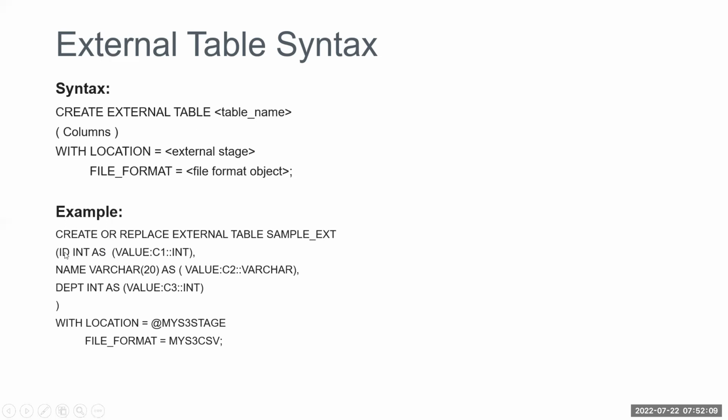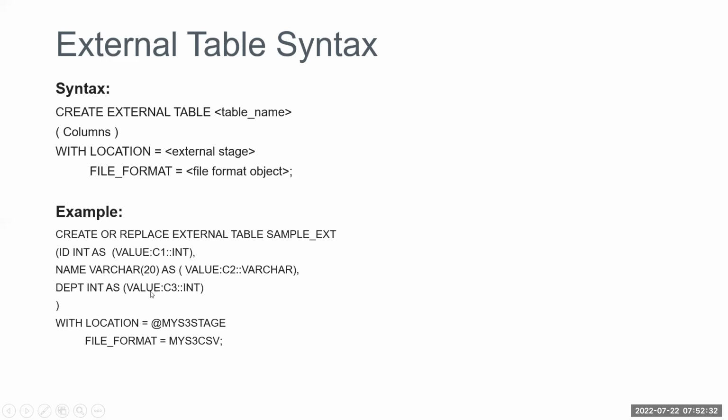Suppose id is my first field in the file. I'm specifying one data type for that as well. From where do you bring this? You bring it from the c1 column, that means value:c1. So we can fetch the columns like this: value:c1, value:c2, value:c3.